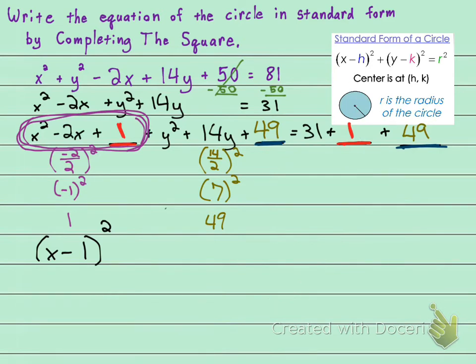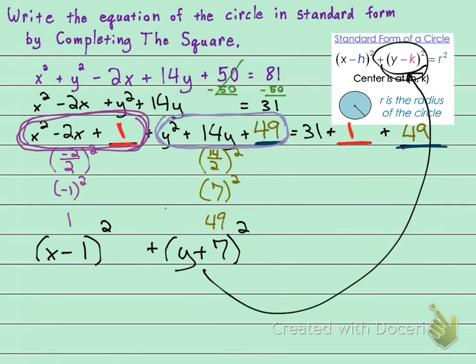Looking pretty good. Now, inside of these parentheses, this trinomial here is also a perfect square. If I factored it, I would get y plus 7 times y plus 7, also known as y plus 7 squared.